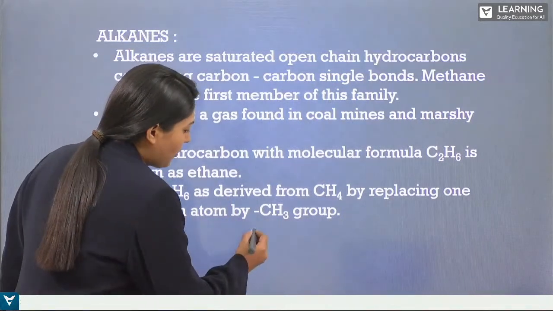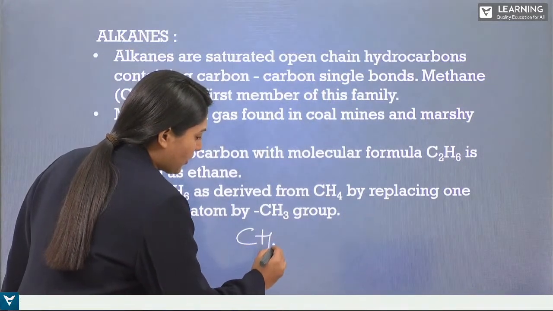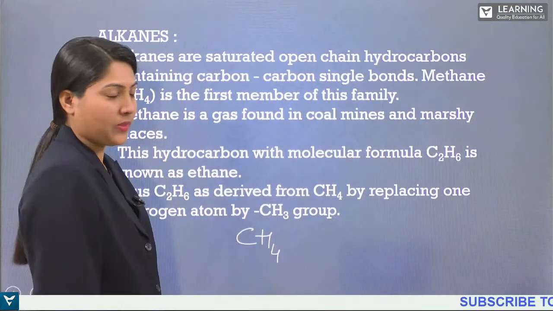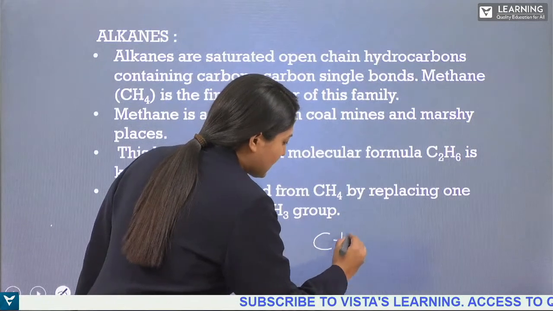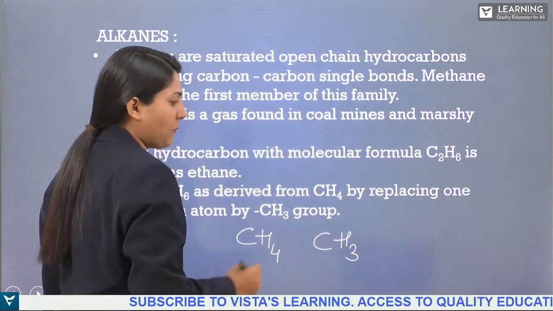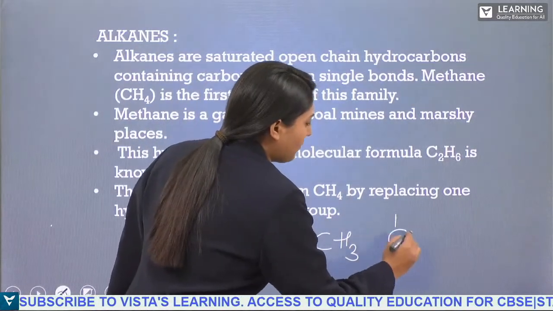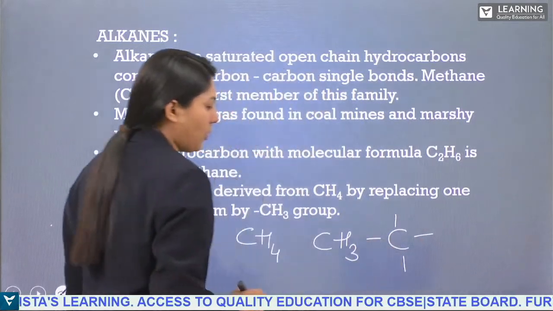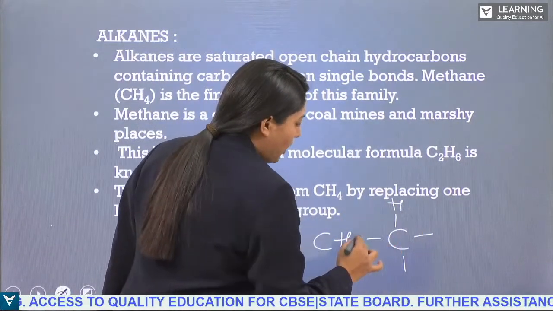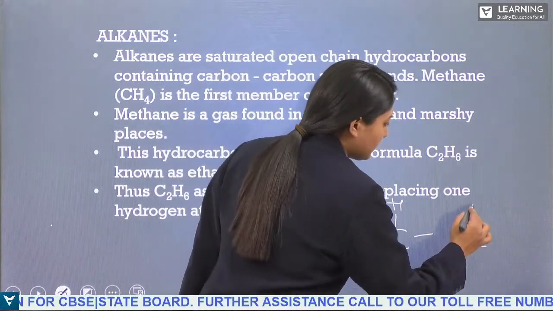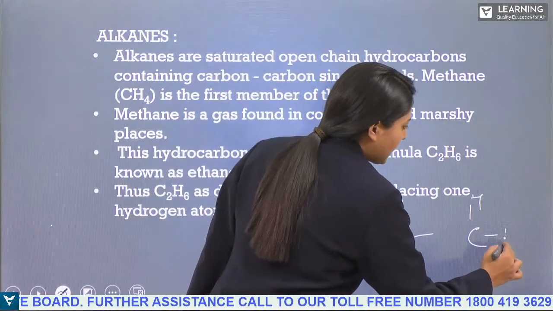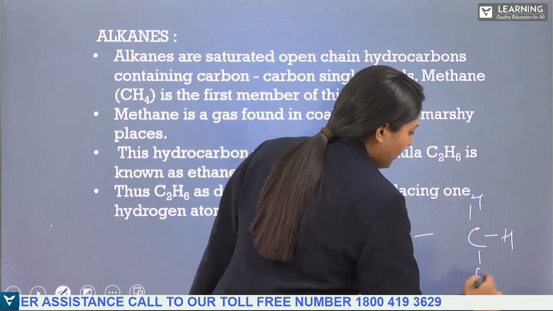As I said to you, we have CH4 as methane. Now, if I take 2 methyl groups, CH3 is a methyl group, right? That means 1 carbon atom with 3 hydrogen bonds.